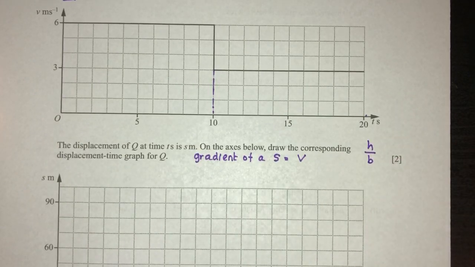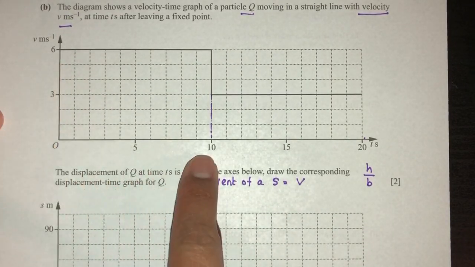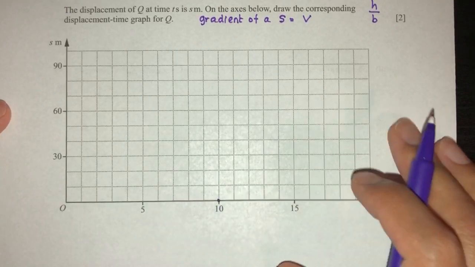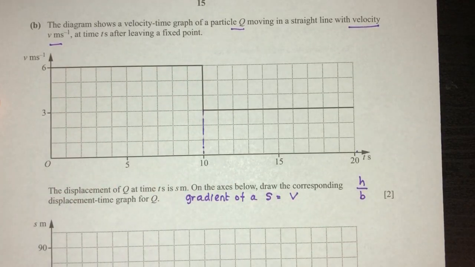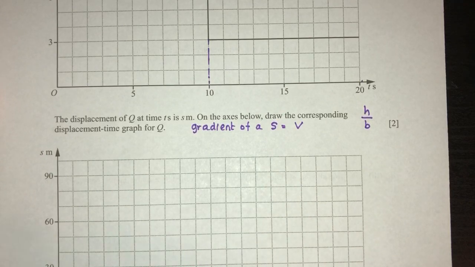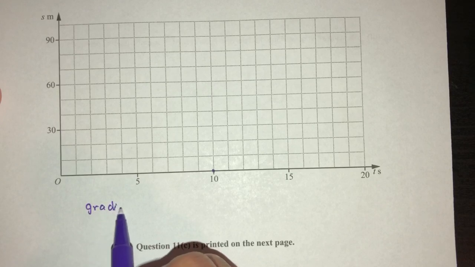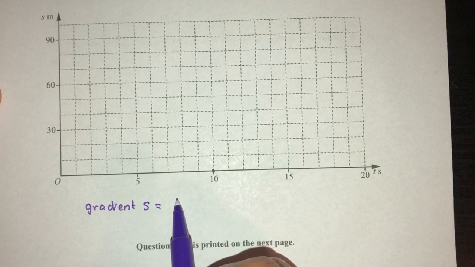So first thing first, from 0 to 10, the speed was constant at 6, meaning that the gradient of s was 6 from 0 to 10. So let's write down the gradient for this first part was 6.